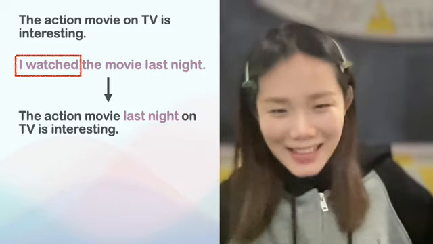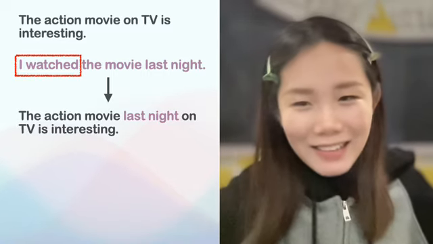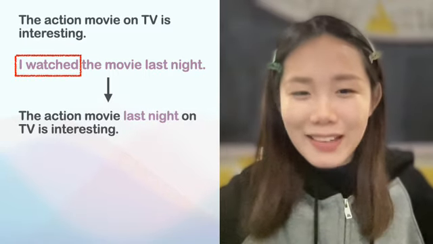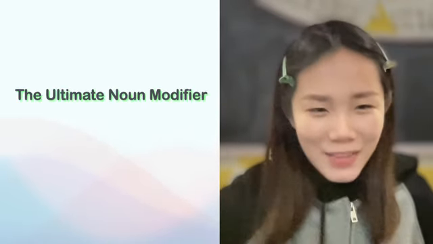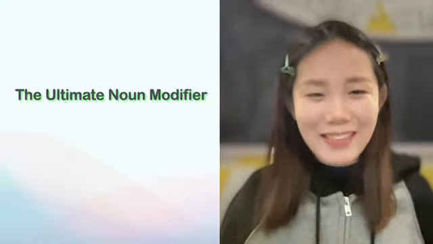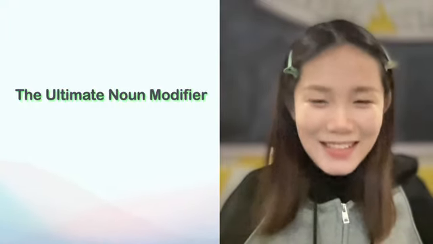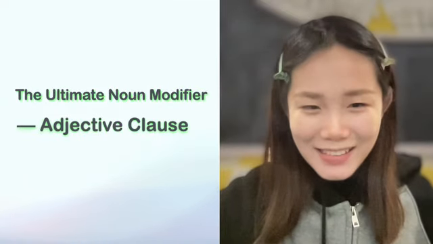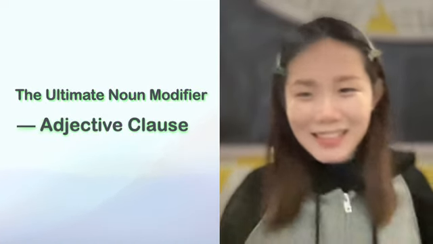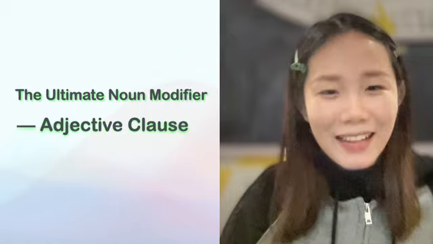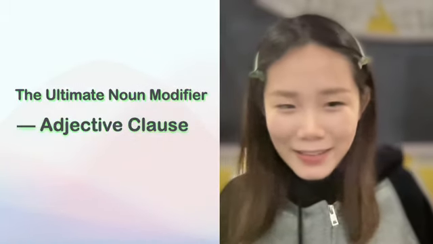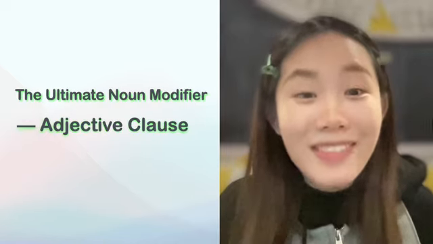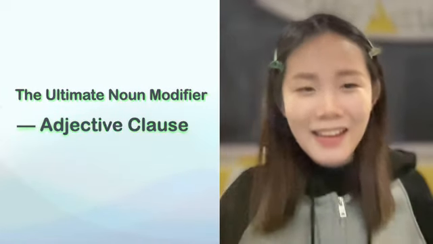Today's lesson is exactly to help you solve this problem. We will be learning the ultimate noun modifier in today's lesson, which is called adjective clause. What is a clause? In a simplified explanation, a sentence within a sentence, right?